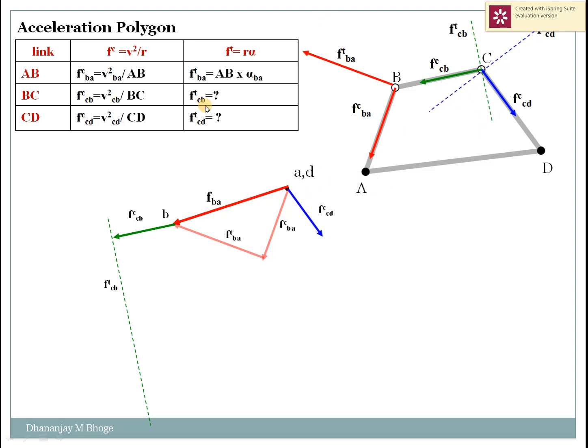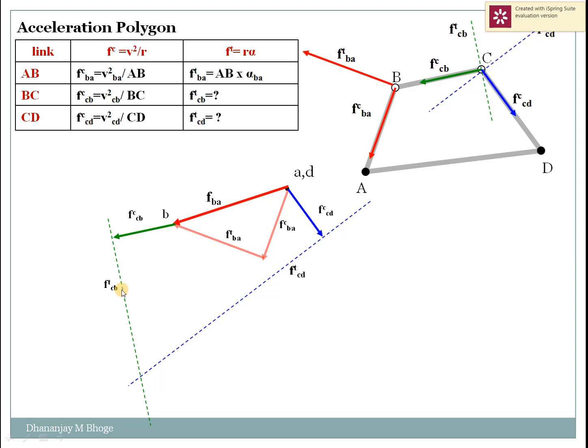Now to FCCD we will add its tangential component FTCD, which is perpendicular to length CD. So we have added FCCD to FTCD. FT is always perpendicular to FC, but we don't know the magnitude of FTCD also, so this vector is of arbitrary length.